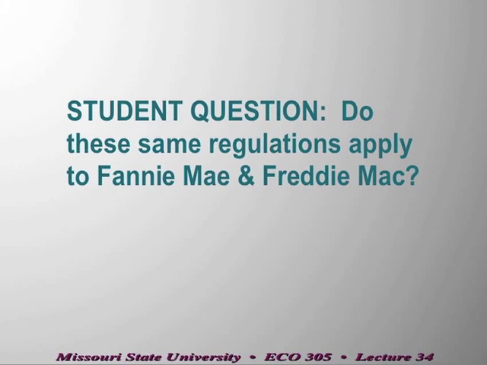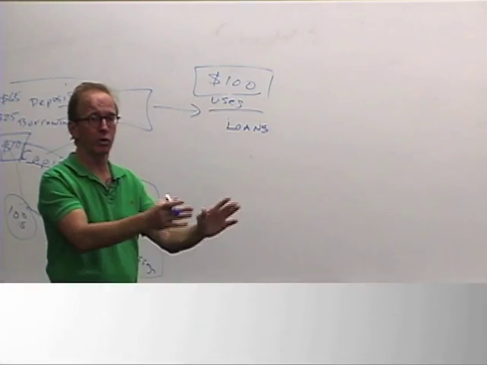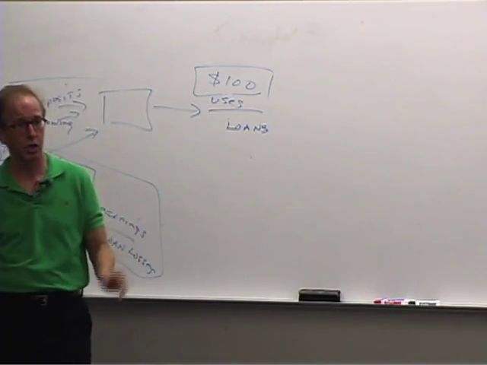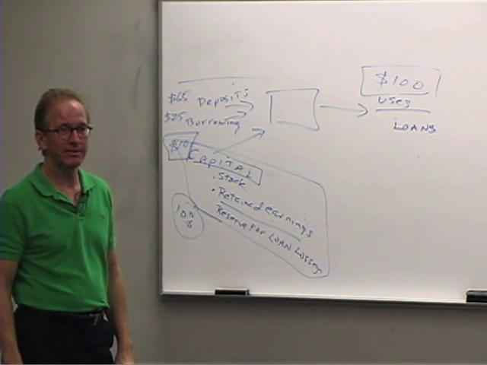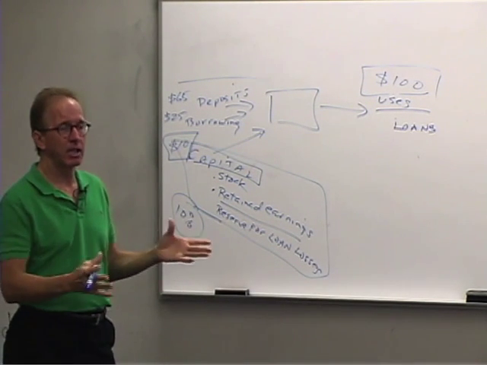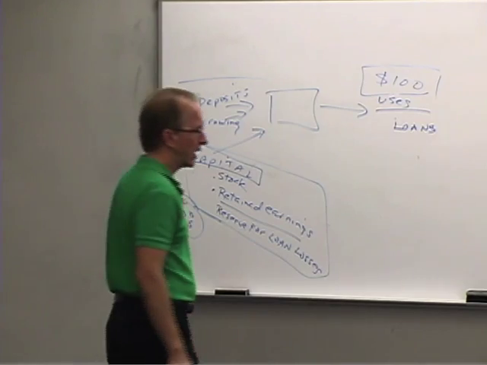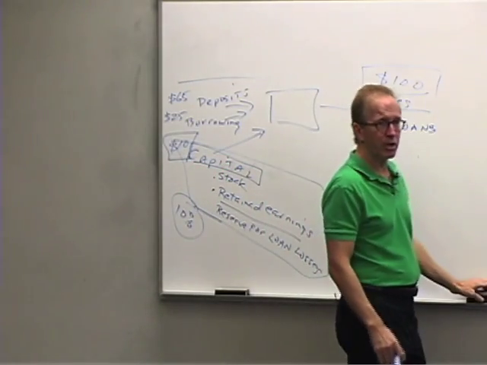Yes, sir. Did GSE set to that too? Pardon me? Like Fannie Mae, do they also? Fannie Mae is not a bank, and so it's got its own rules and regulations, but they have nothing to do with these things that we're talking about now. And of course, Fannie Mae is influenced by political considerations.